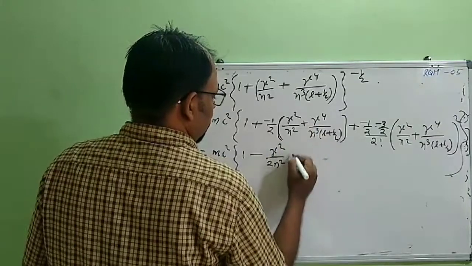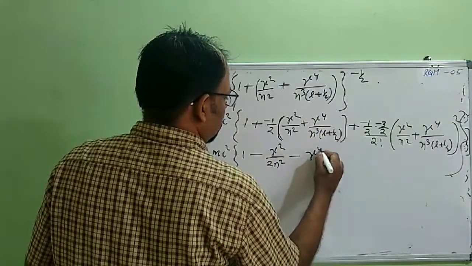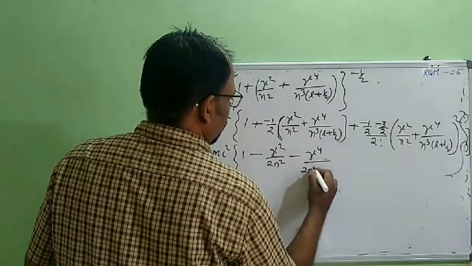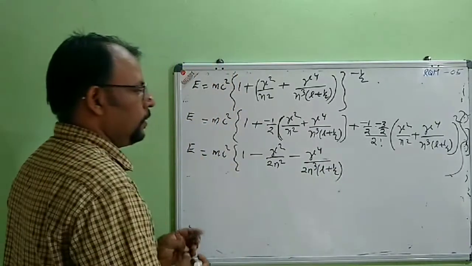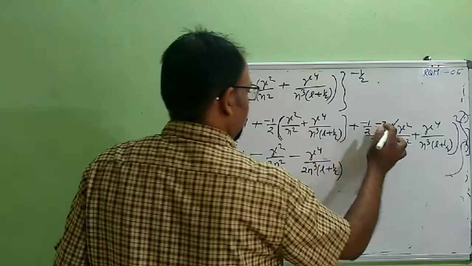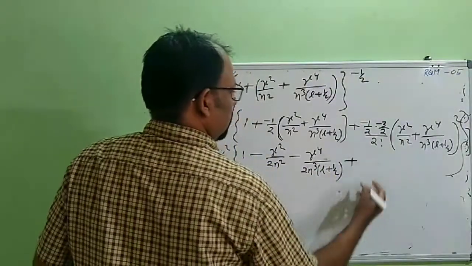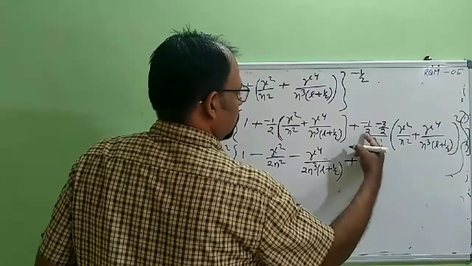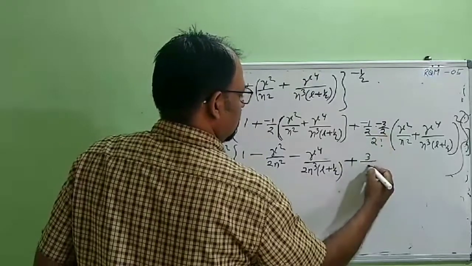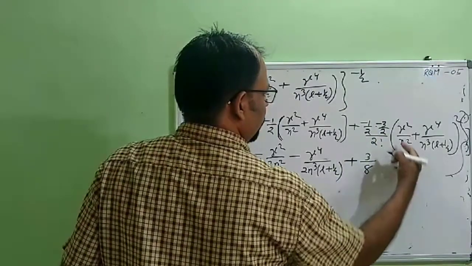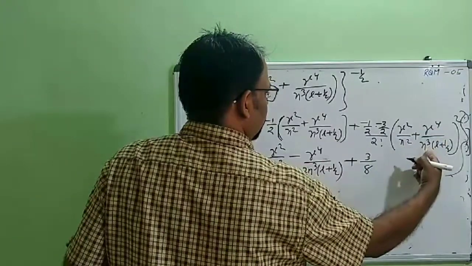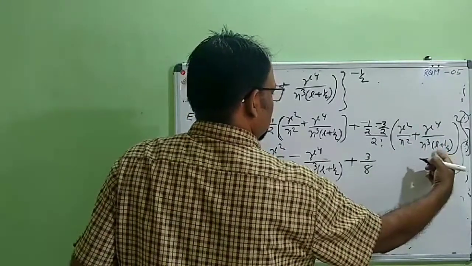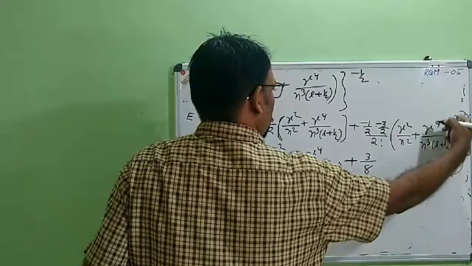Third term is minus gamma raised to 4 by 2n cube L plus half. Now this term is minus plus 3 by 2 into 4 8. 3 by 8 gamma square by n square plus gamma raised to 4 by n cube plus n cube into L plus 1 by 2 the whole square.